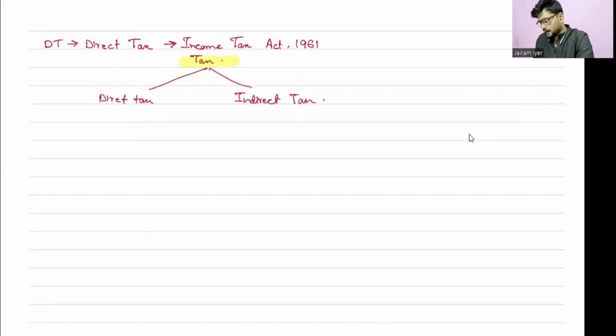Direct tax only has income tax under it. By the words income and tax, it means a tax which will be levied, or a liability of tax which will arise, on income. Income means revenue, whatever we earn. So this direct tax or income tax is nothing but the tax on the income that we are earning.